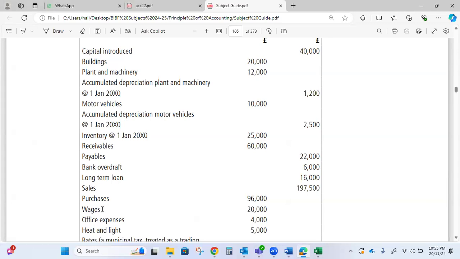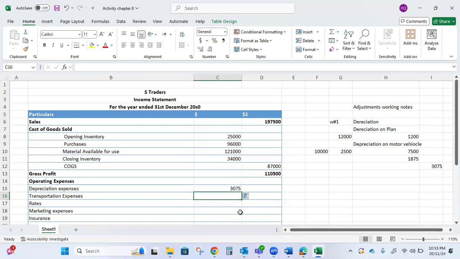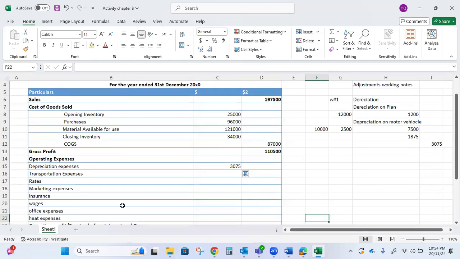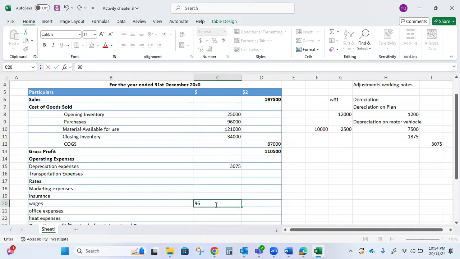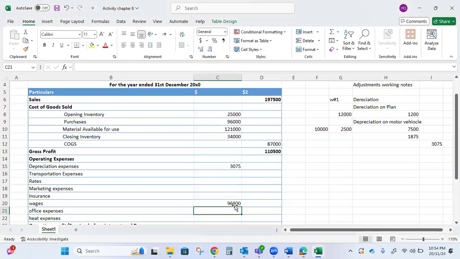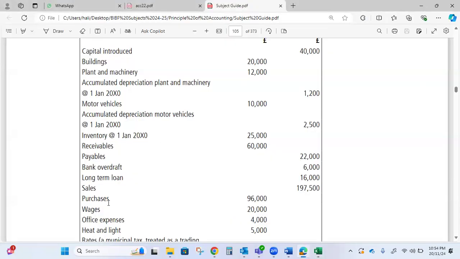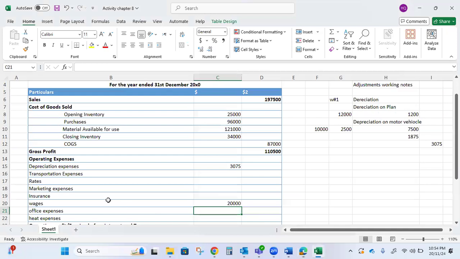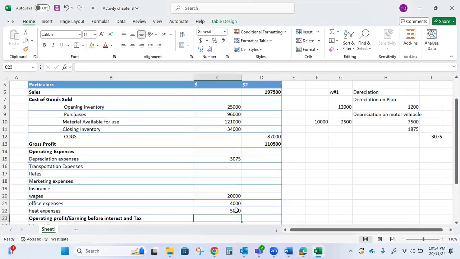Now it's time to consider wages as an expense. Wages is 20,000, so 20,000 is the wages expense. Now moving on, office expense is 4,000 and heat and light is 5,000.